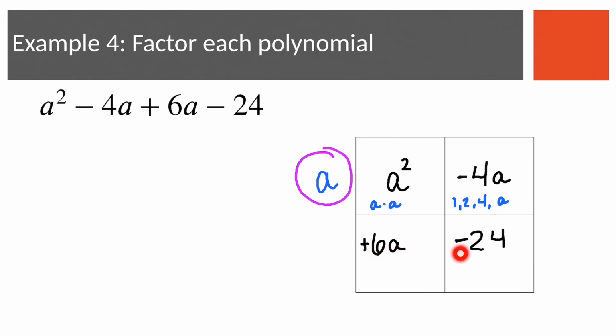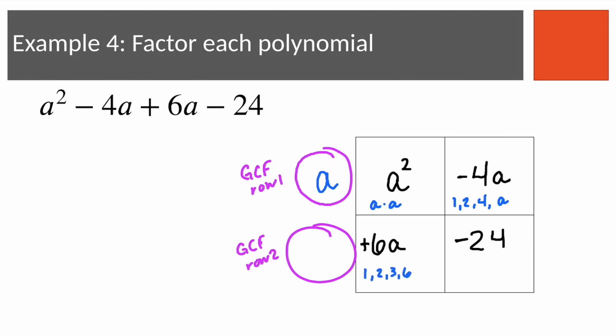And then we need to list out the factors for these two because our greatest common factor is going to go in this box. So remember, we find our GCF of row 1 and our GCF of row 2. So now we list out the factors of 6. The factors of 6 are 1, 2 times 3, and 1 times 6. And there's an a there.